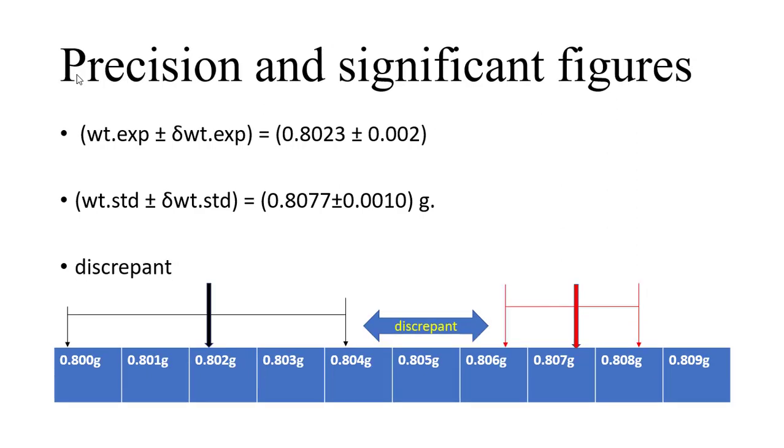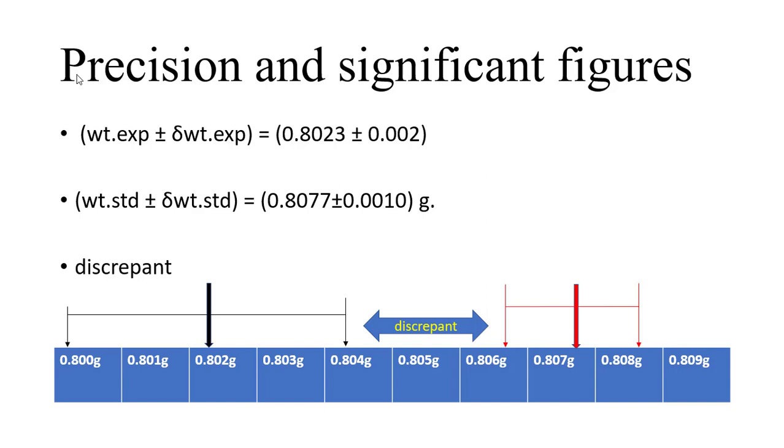On the other hand, suppose that an experimental weight of 0.8023 plus or minus 0.002 grams is being compared to the value of a standard weight 0.8077 plus or minus 0.0010 grams. We notice that the ranges of the measurements do not overlap at all, so we say these measurements are discrepant.